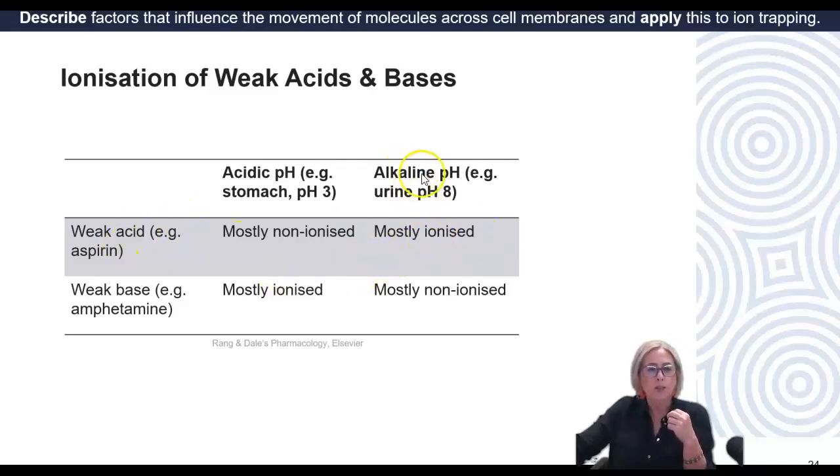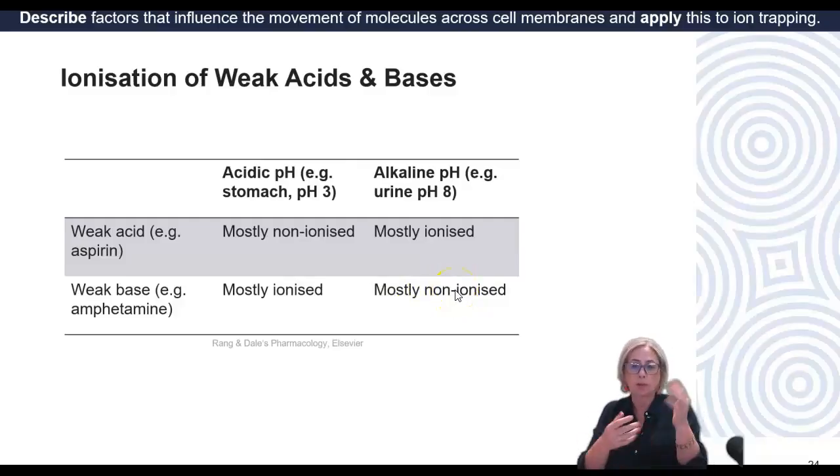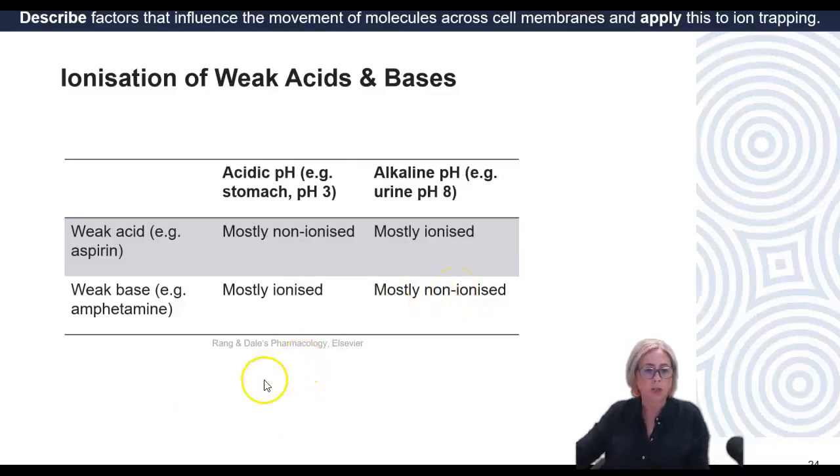Whereas a weak acid in alkaline pH is mostly ionized, so water soluble, so more easily excreted in the filtrate, whereas a weak base in the alkaline pH of the urine is mostly non-ionized, therefore lipid soluble, so can be reabsorbed back into the blood.